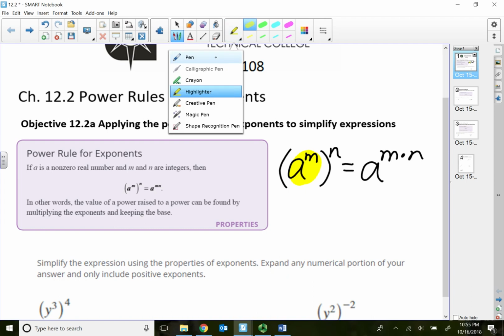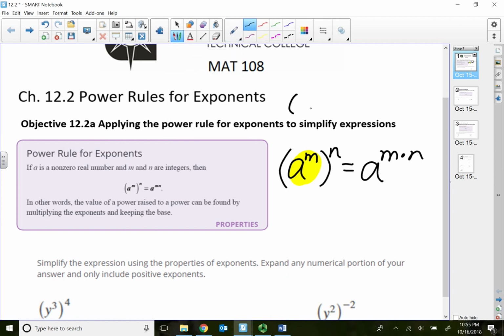So that means if you see a plus b, whole thing to the second power, then this is never ever going to be a squared plus b squared, because that would be applying my power rule.